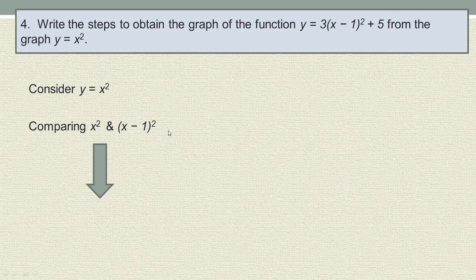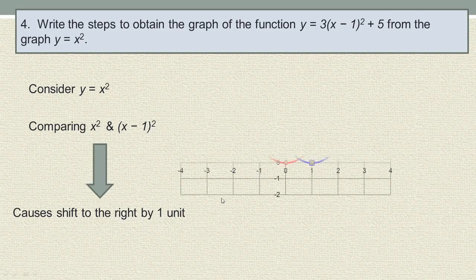So it is of the form f of x minus 1. So minus 1 is inside the function. So this causes the graph to shift to the right by 1 unit. By the definition of translation, you can get this one.